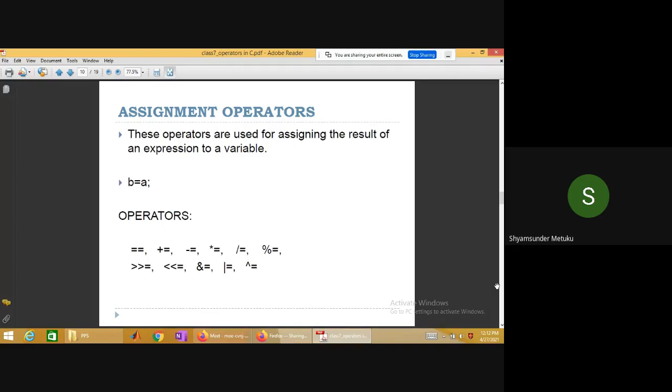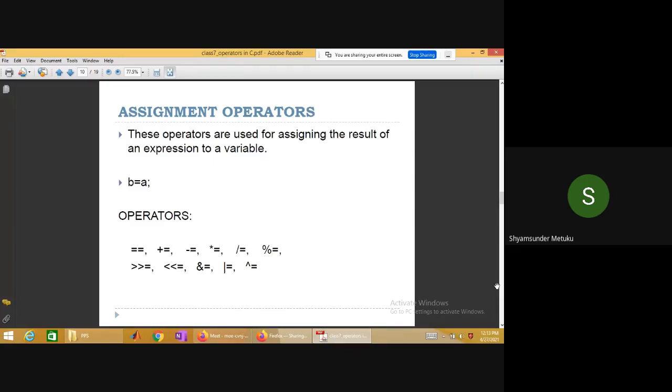Then, in place of equal to, you can use others. Actually, it should be plus equal to. Double equal to is not correct here, because it belongs to the relational operators only for comparison, but because the equal to symbol is used, it is given here. Otherwise, you can go from the second symbol onwards: plus equal to, minus equal to, star equal to, backslash equal to, percentile equal to, greater than or equal to, less than or equal to, and equal to, or equal to, then XOR equal to.